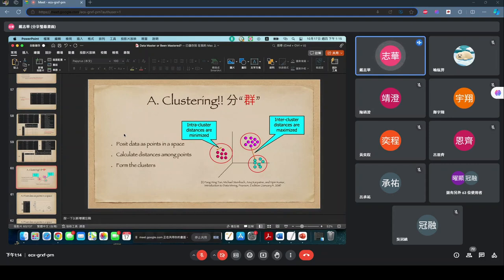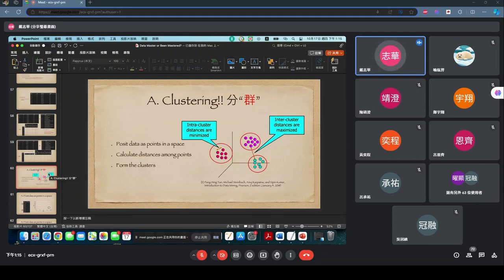In Chinese, it is named 分群, which is to find similar groups and separate the dissimilar objects apart.